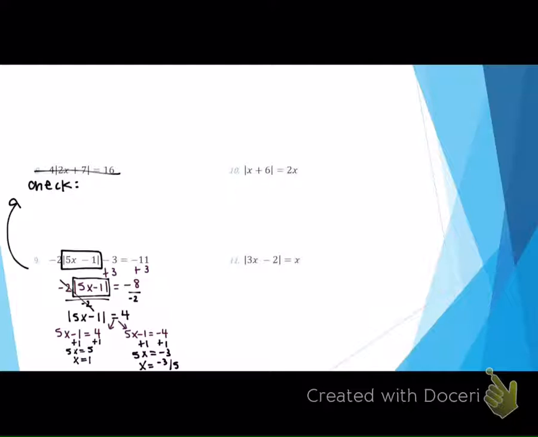So if I check this, to plug into the original, you start with what's inside of the absolute value. So I get 5 minus 1 inside of the absolute value.